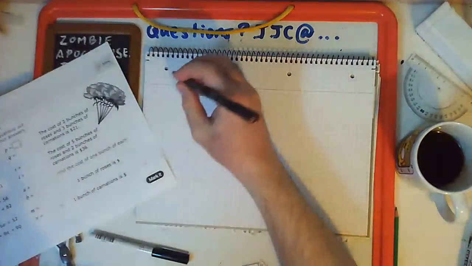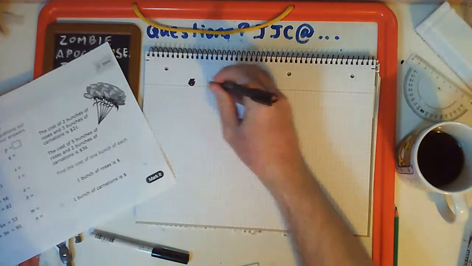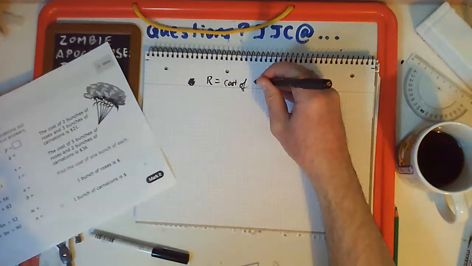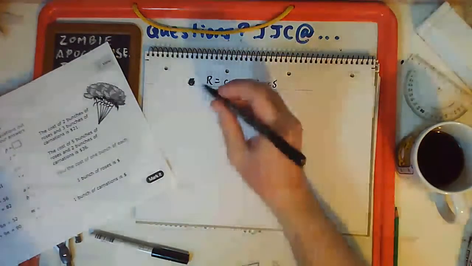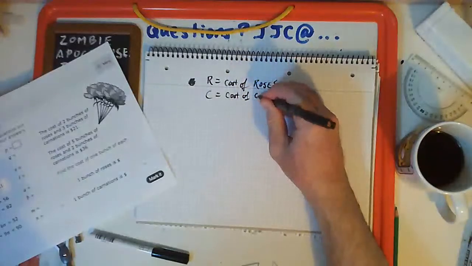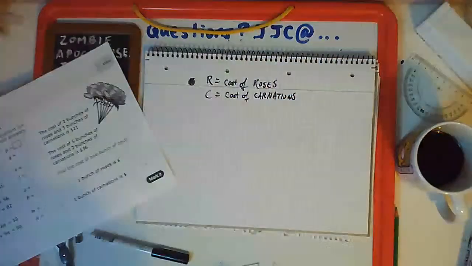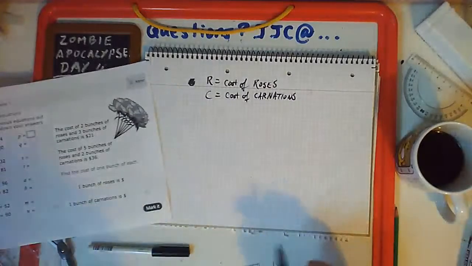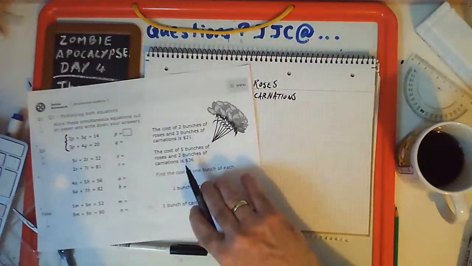So I'm going to call them, not B, I'm going to call them R equals cost of the roses per bunch, and C equals the cost of carnations per bunch.